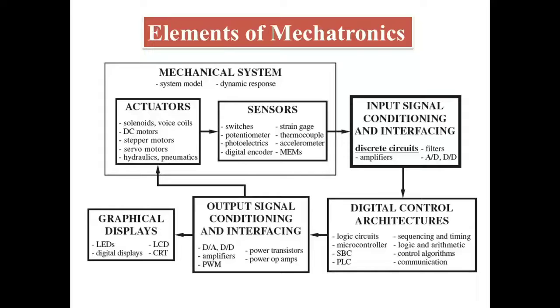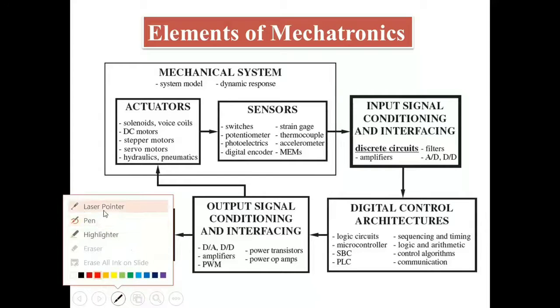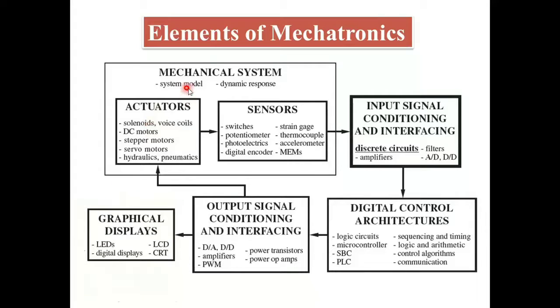So coming to the elements of mechatronics, we can see first two things, actuators and sensors. That's the mechanical system. So the mechanical system consists of actuators and sensors.